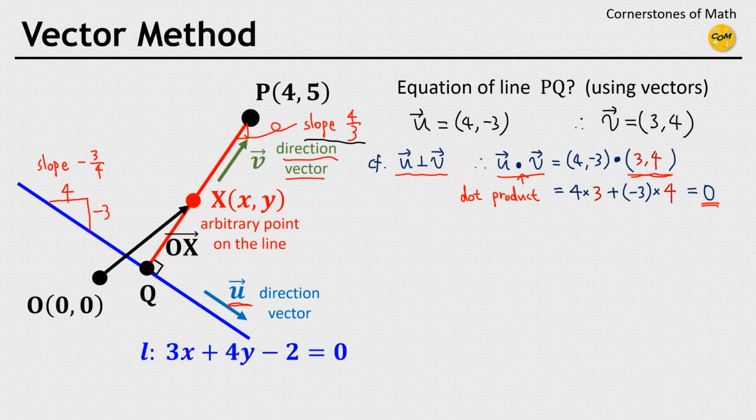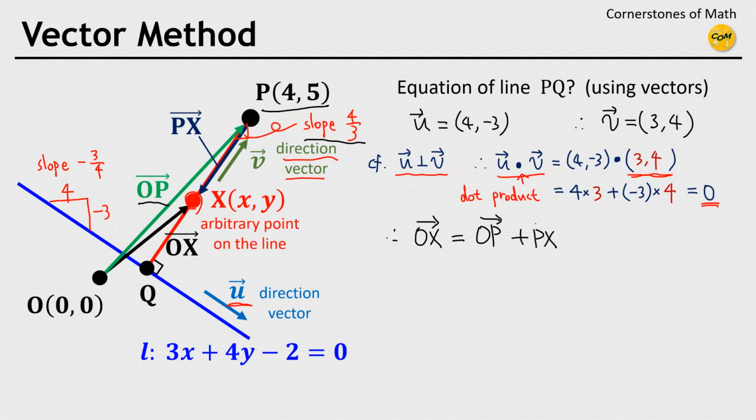Using this, an arbitrary position vector OX to line PQ can be expressed as follows. First, point vector OP, which is a fixed point vector by the way, then plus vector PX, which is a varying vector depending on the position of X. Here, vector PX is parallel to the direction vector v, so it can be written as PX equals t times vector v, where t is a real number.